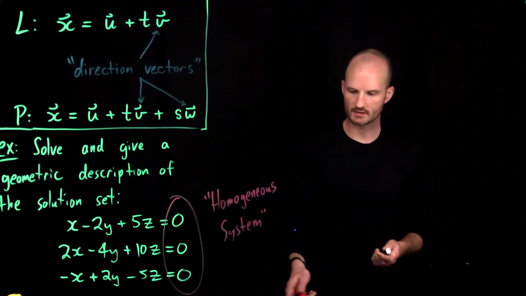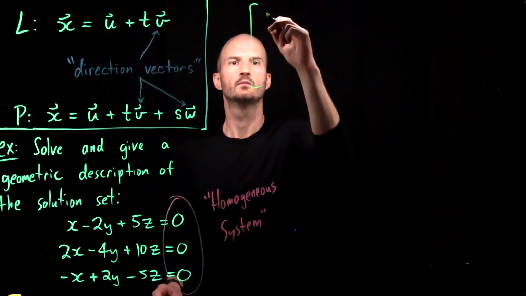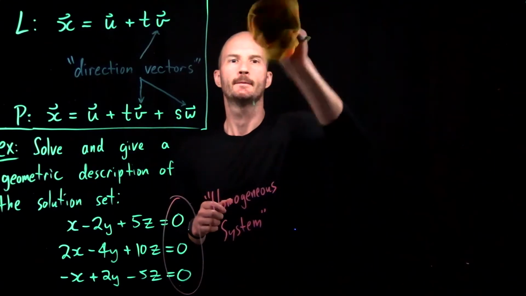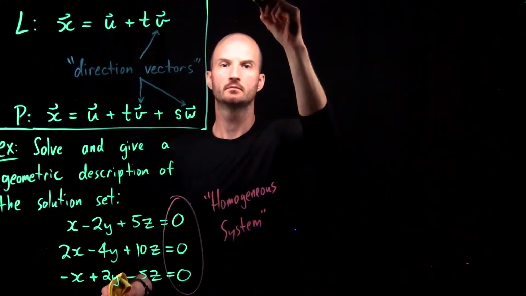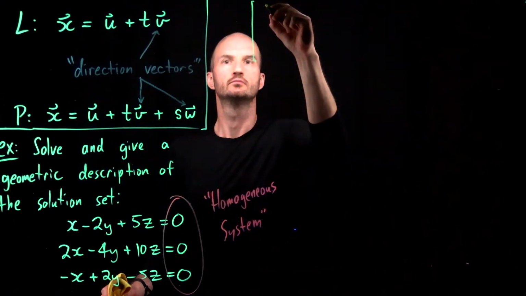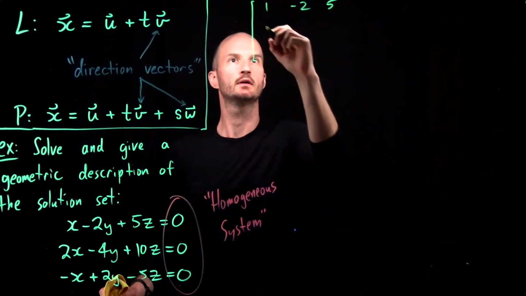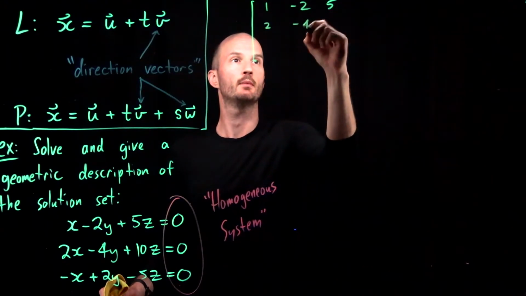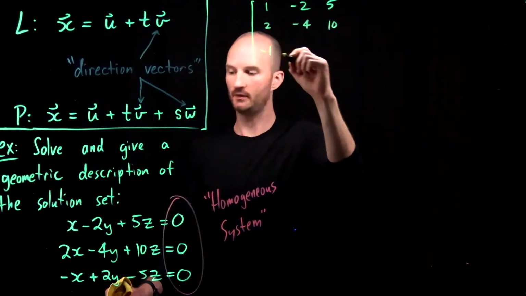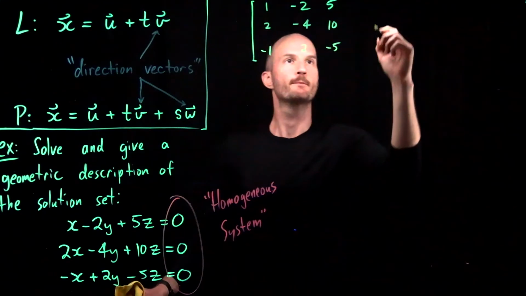Okay, so to find a solution, I throw this into a matrix. Let's not get too crazy here. And 2, 5, 10, -1, 2, -5.